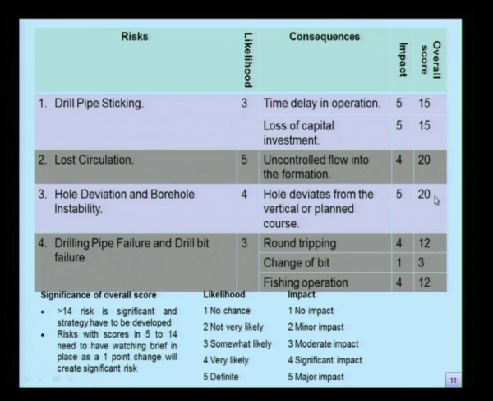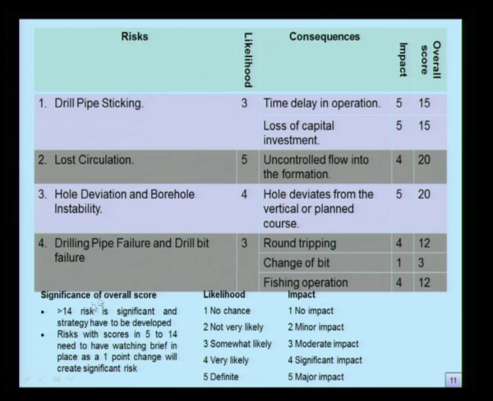So, the overall score of this could be close to 20, whereas the drill pipe failure or drill bit failure will have a very low likelihood of 3, and the consequence can result in a score of either 3 or 12, depending upon what kind of consequence you are envisaging for a drill bit failure.